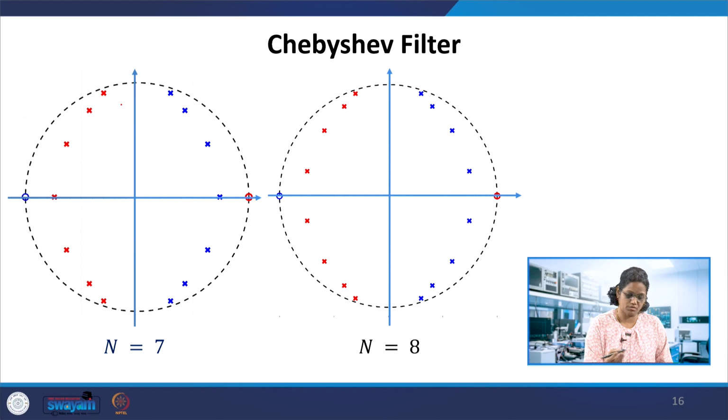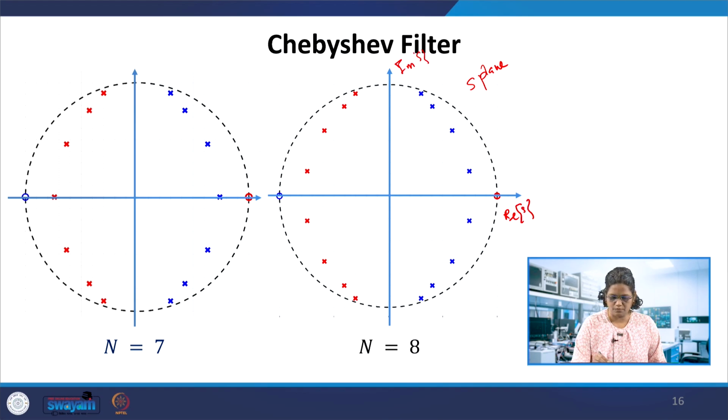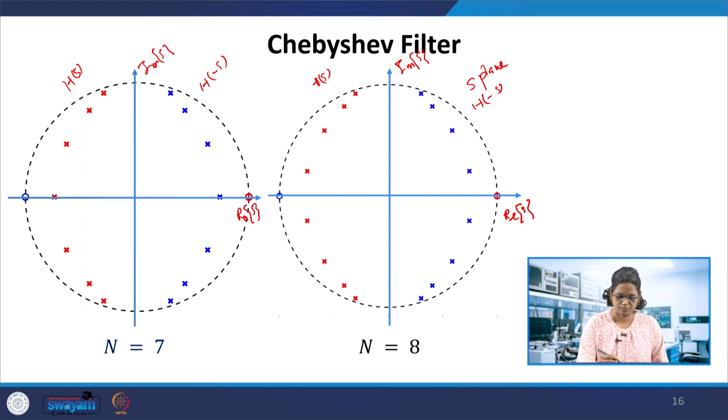You can see them in the S plane, with real of S and imaginary of S. This part gives h of s and here h of minus s, similarly here as well, for order 7 and order 8.